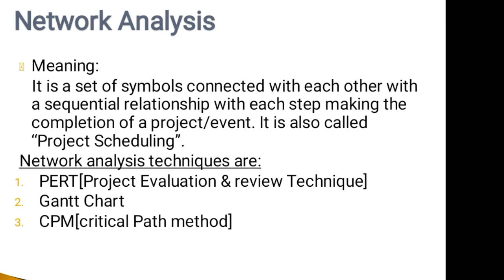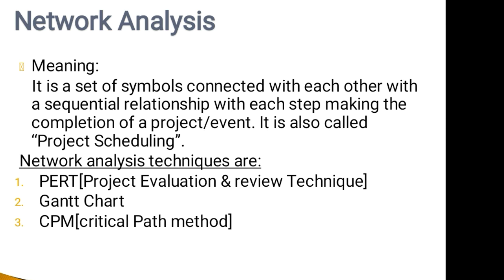Third one, minimize the total cost. With the use of network analysis, we can not only reduce the time but also reduce the activity cost, which we have already discussed in the PERT and CPM models of network analysis. Fourth one, minimize idle resources.